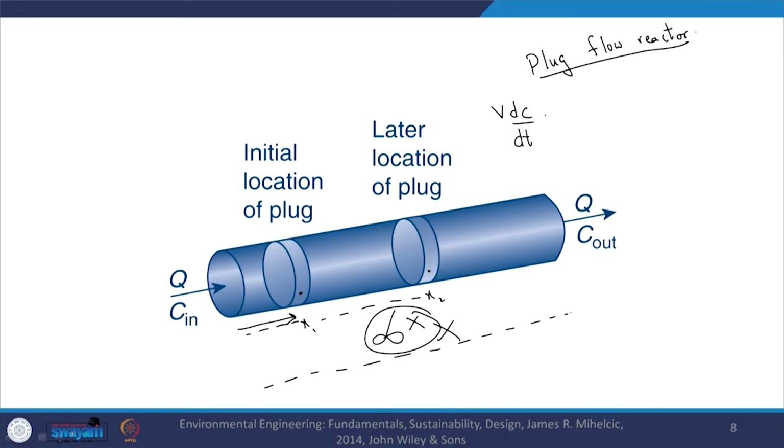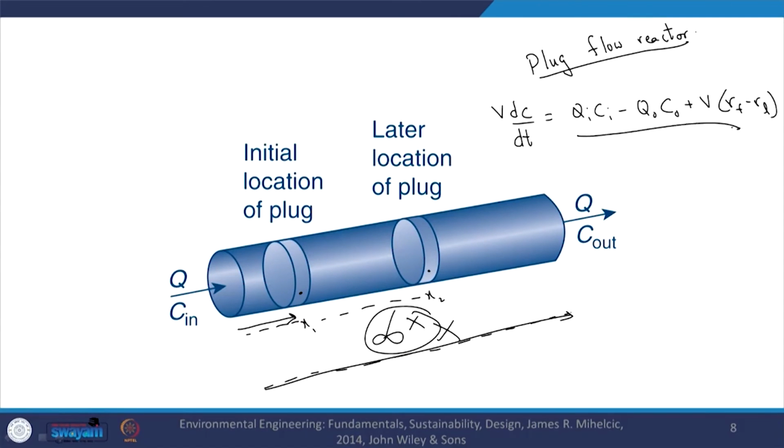V dC by dt is equal to Q in Cn minus Q out C out plus volume into rate of formation minus rate of loss, right. But if you look at this equation here, we see that we can't really apply this equation out here.